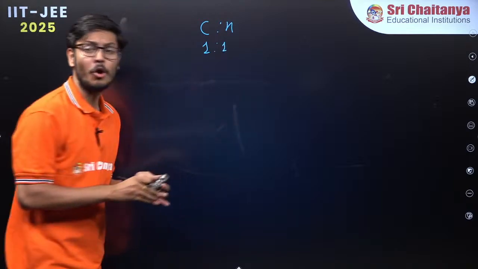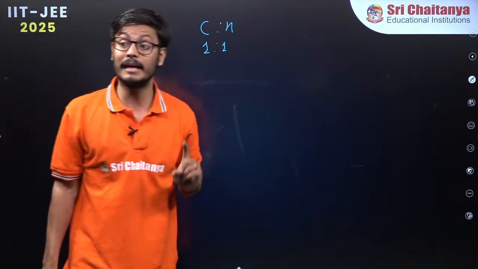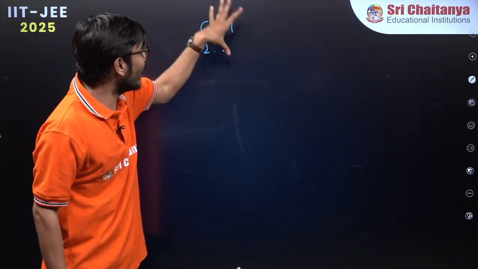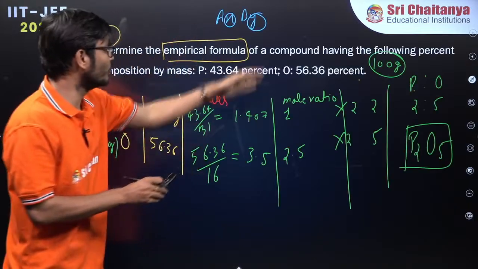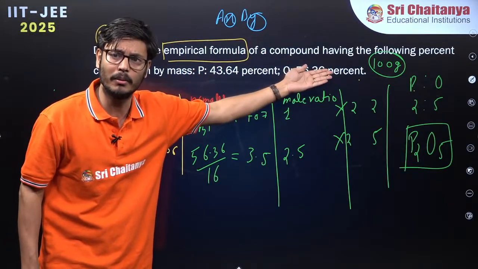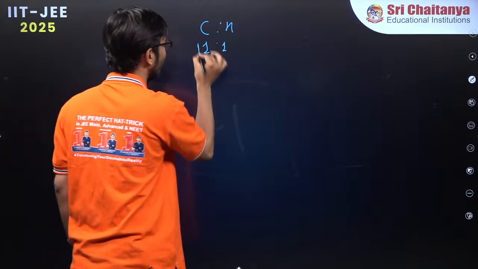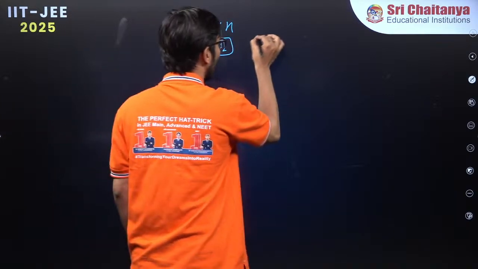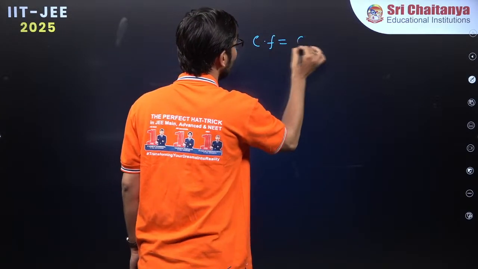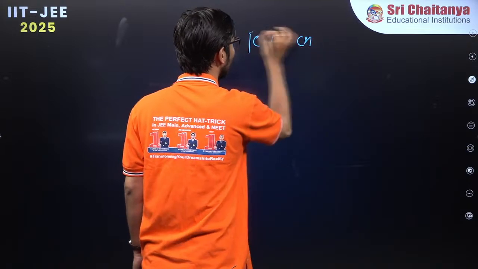Listen carefully. From that calculation, we calculate the ratio to be 1:1. That means the empirical formula is CH.